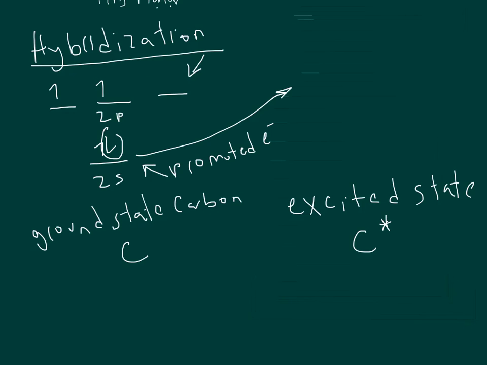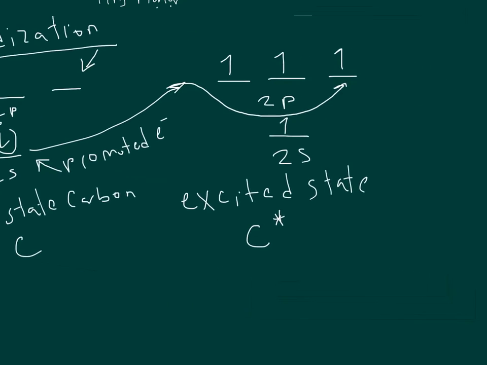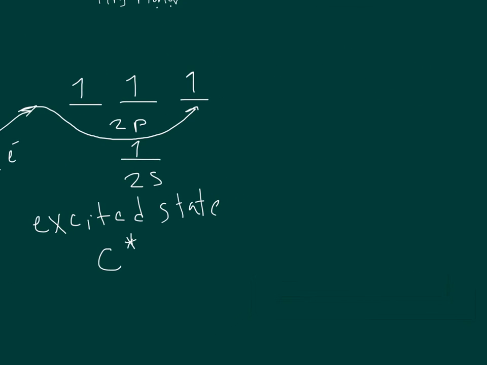We would then have 2s and then 2p, and this promoted one would go over here. So then we would have 4 lone electrons, not lone pairs, lone electrons, which are then capable of bonding and sharing their electrons with other atoms around.